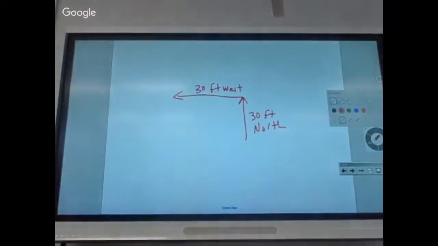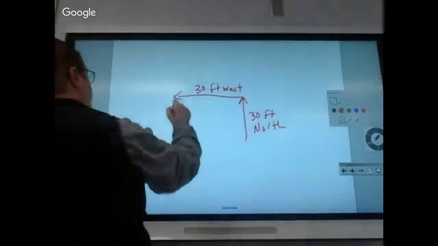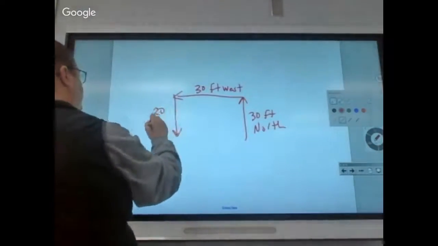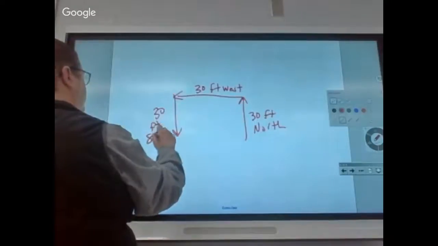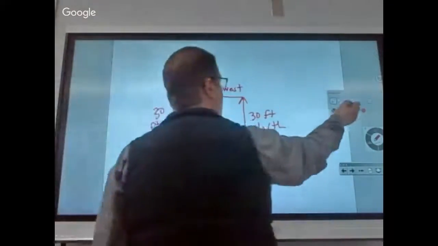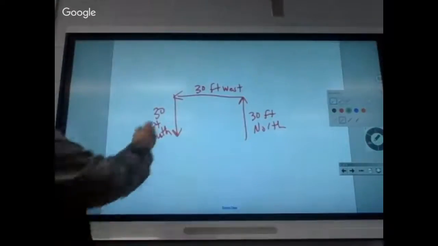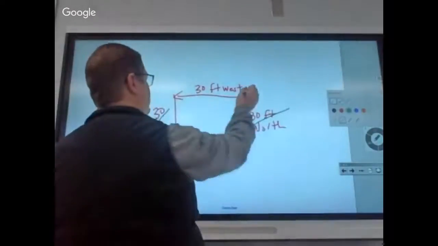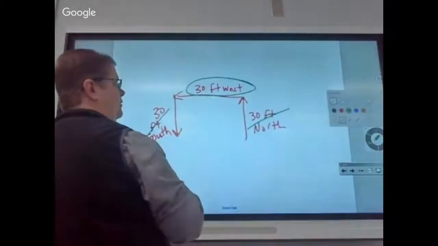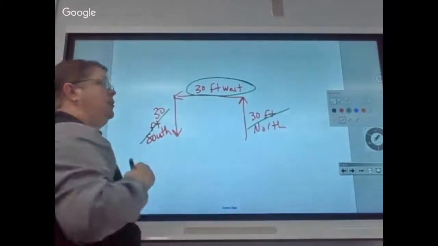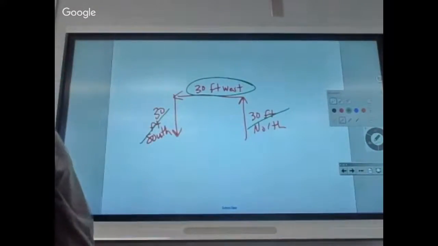And then I do 30 feet south. So what happens to my north and my south? They cancel out. So if they cancel out, what is my displacement? 30 feet west. Okay, next.